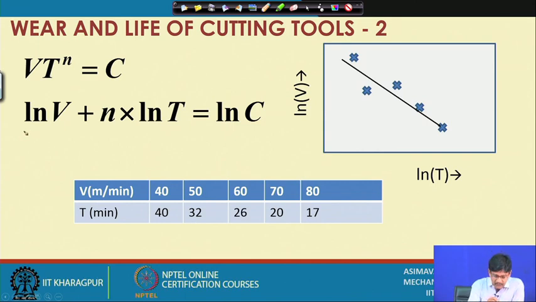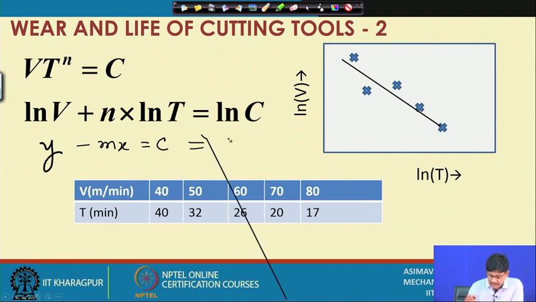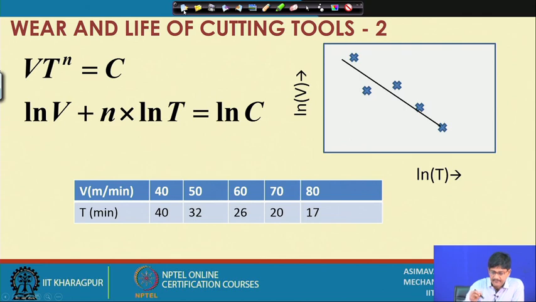If this happens, we quickly notice that this represents nothing but a straight line. In what way? We might say y minus mx equal to c, which corresponds to y equals mx plus c.